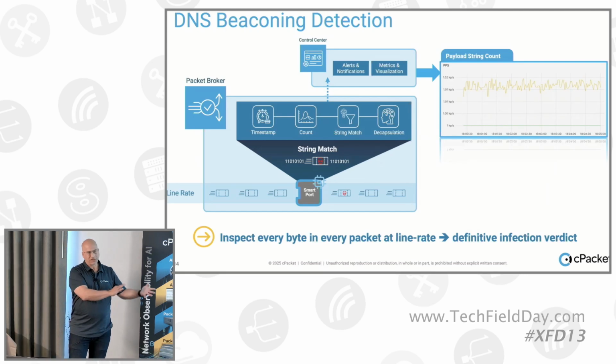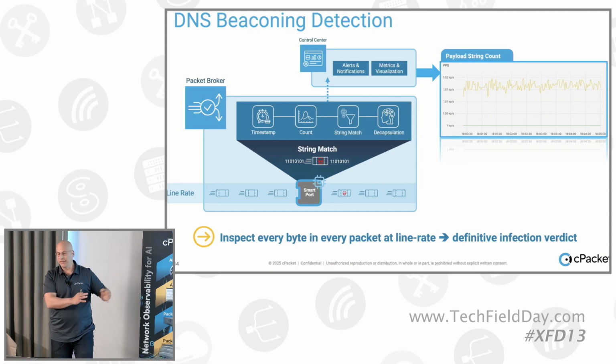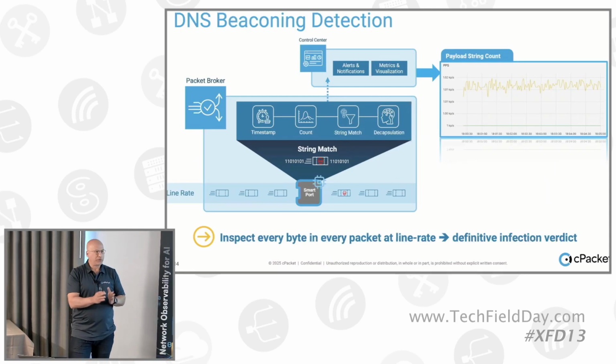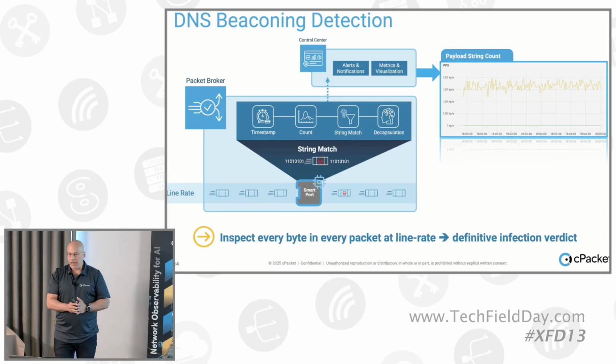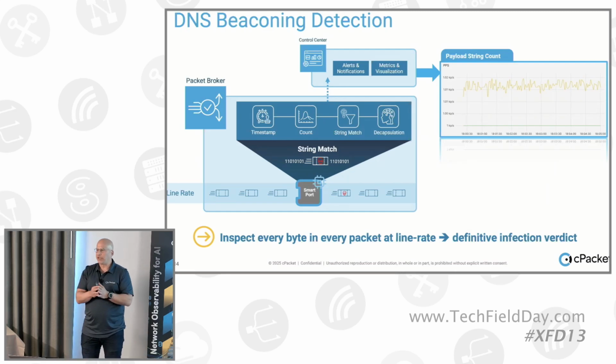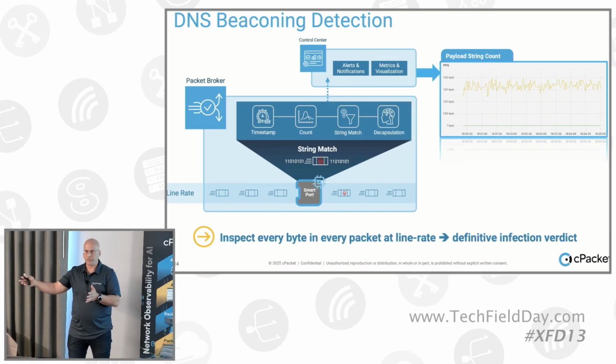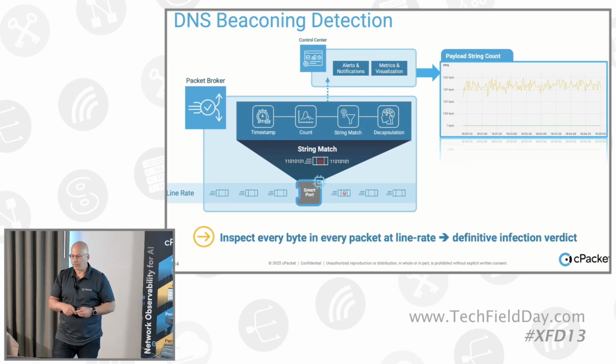It's critical for our customers in network observability to know nanosecond latency. Then there's the ability to count, which we'll show in a second. We're able to do string match filtering and then remove duplicates. Basically, we can manipulate the packets so that we don't load the other tools with extra packets. That's the idea there.